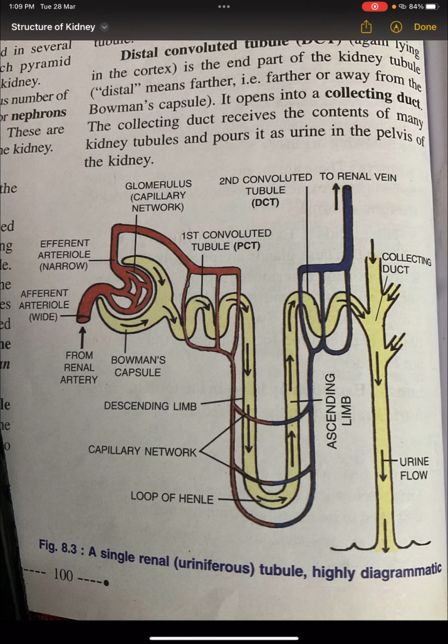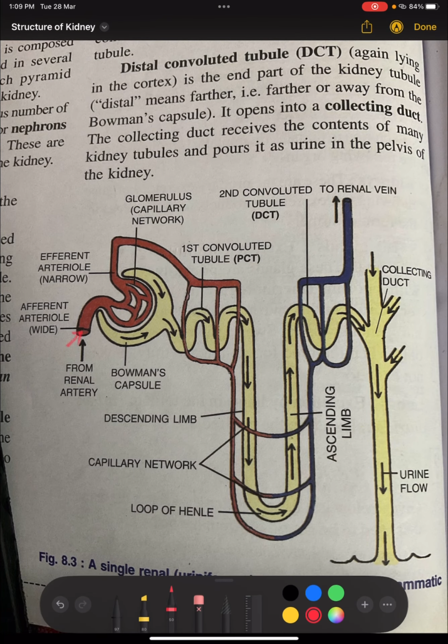Now here is the structure. First of all, this is the afferent arteriole, and this whole part is the Bowman's capsule. This knot-like cluster of capillaries is the glomerulus. When the blood enters from here and passes, you can observe that the efferent arteriole is quite narrower than this part.